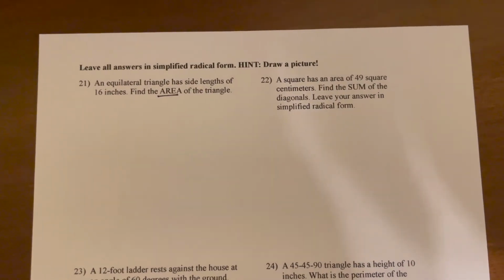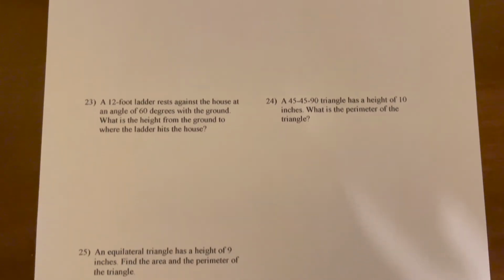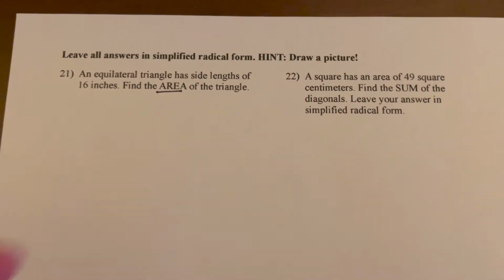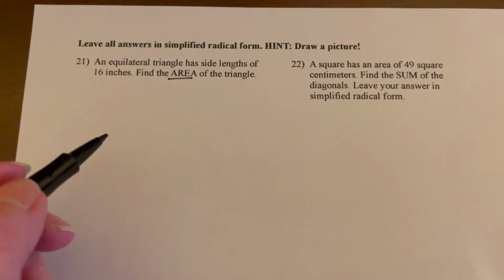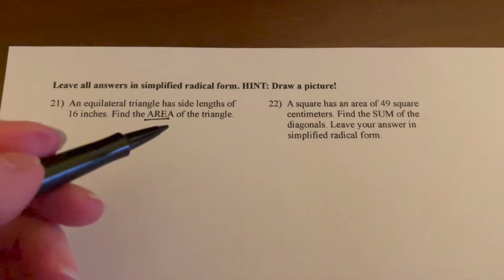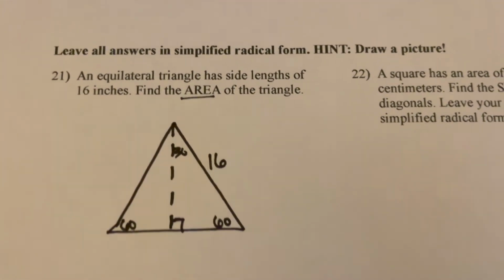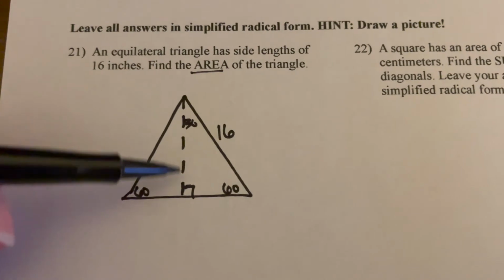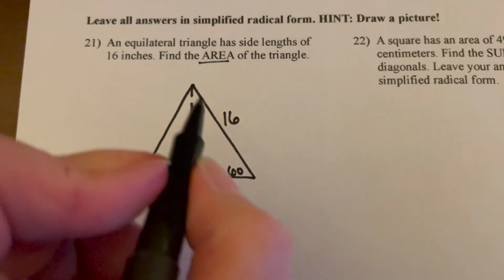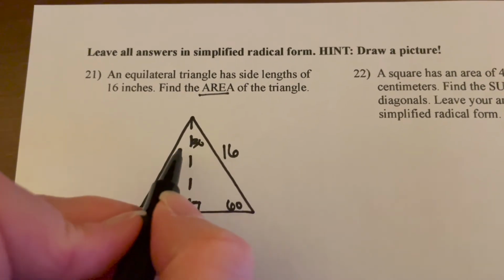So then finally, these problems, the application problems, you just need to draw a picture, but it's all using the same skills that we have. So anytime you have an equilateral triangle problem, remember that's always going to turn into two 30, 60, 90 triangles. So when I draw the equilateral triangle, all of the angles are 60 degrees. So when I draw the height here, that divides the top angle into 30 degrees and 30 degrees.